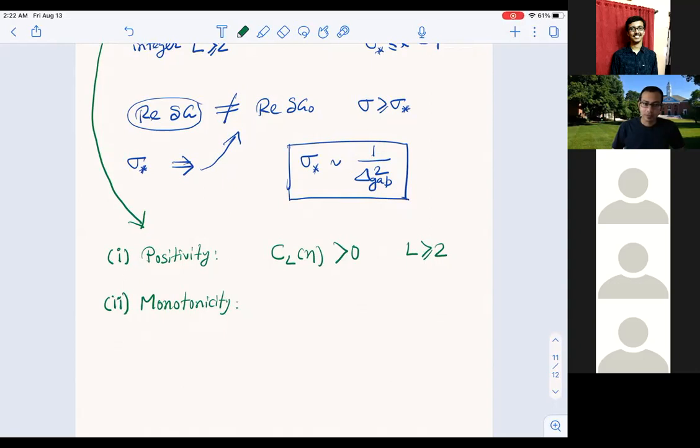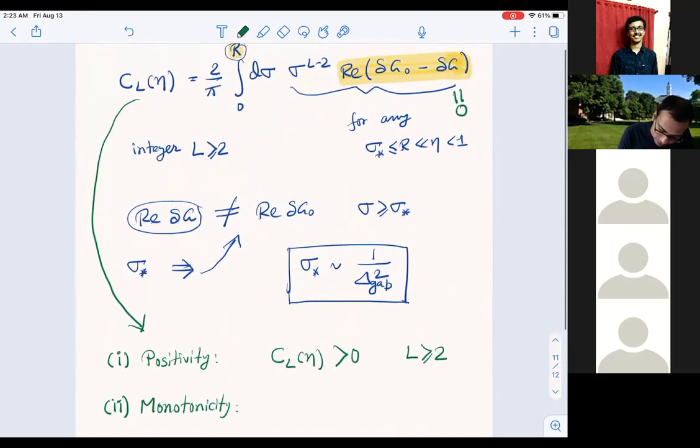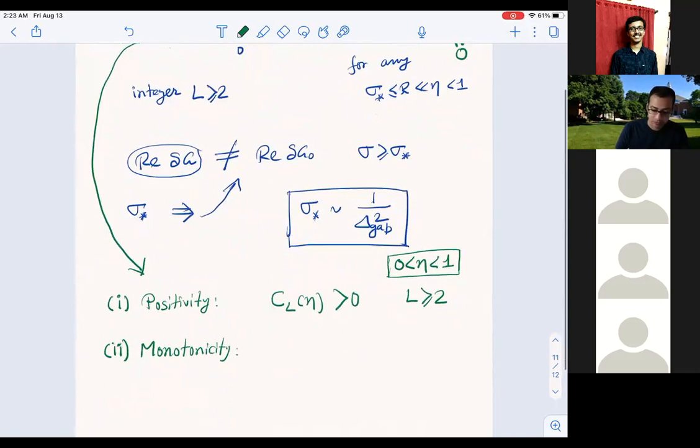And C_L eta greater than 0, meaning for any value of eta, this is greater than 0. This is for eta between 0 and 1. You derived it for eta between 0 and 1, but now you are saying it is true for any eta?